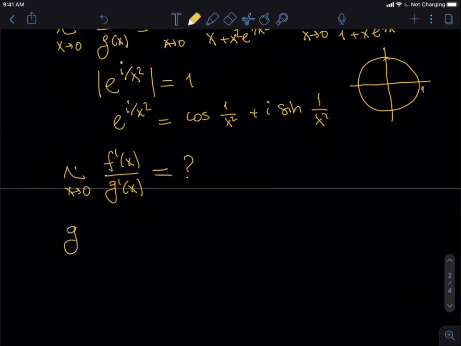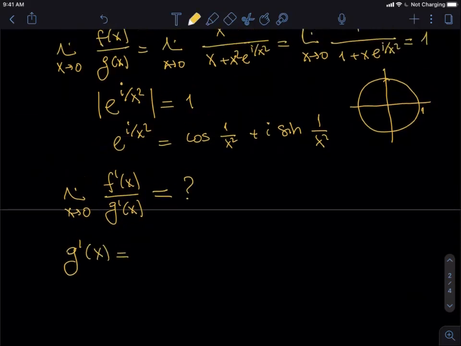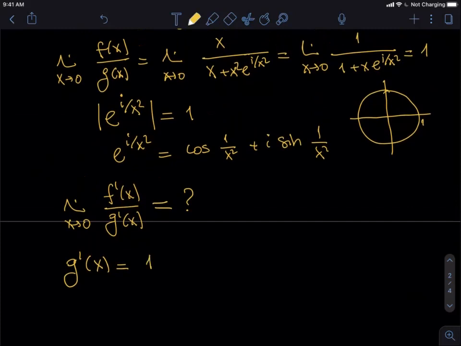Here, of course, f prime is 1, nothing to do there, but for g, which is x plus x squared and so on, this is 1 plus 2x exponential of i over x squared plus x squared exponential of i over x squared times the derivative of the exponent, which is 2i divided by 2 x to the power 3, with a minus. There we go.